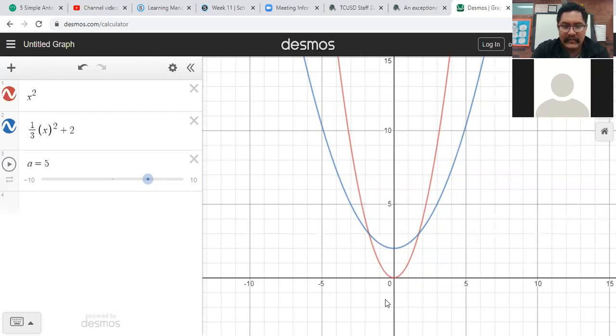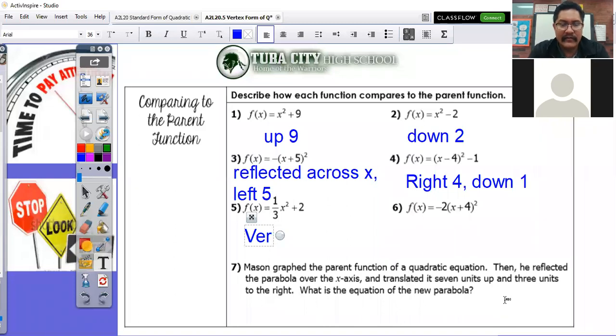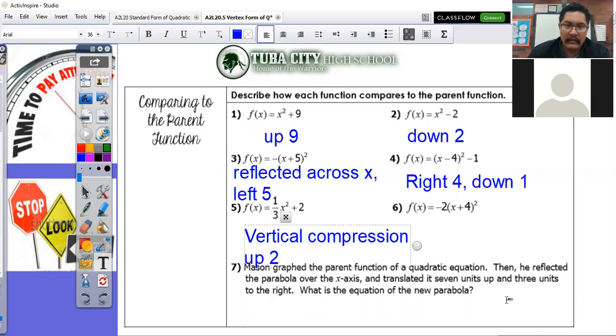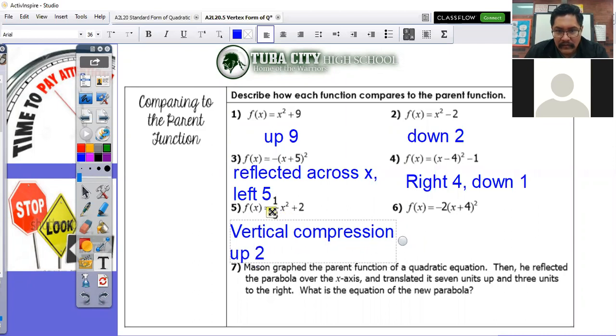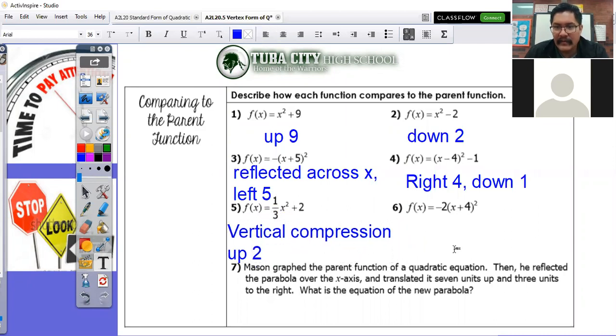So in this case here, let me go ahead and get back to the other screen. So yeah, you can see that it's been compressed, a vertical compression, and it's shifted up 2 units. Those are the changes that have happened.